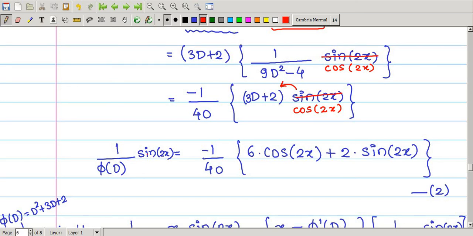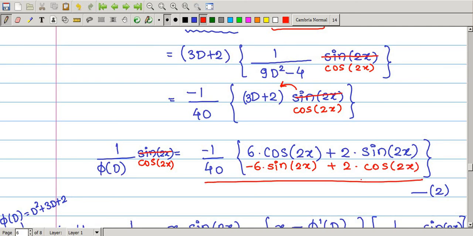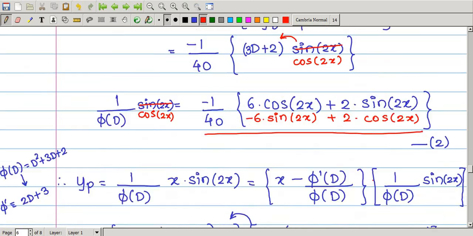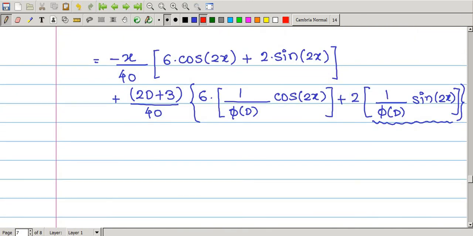So value for 1 upon phi of d into cos 2x will be minus 1 upon 40 into 3 times derivative of cos 2x, which is minus 6 times sin 2x plus 2 times cos 2x. Now we use this term in the second bracket.